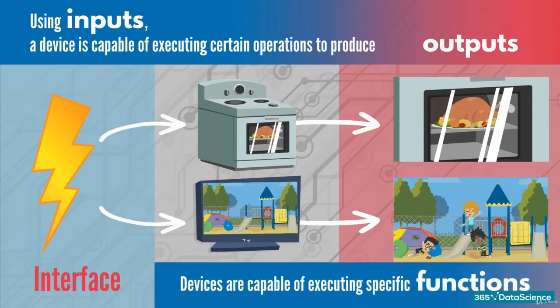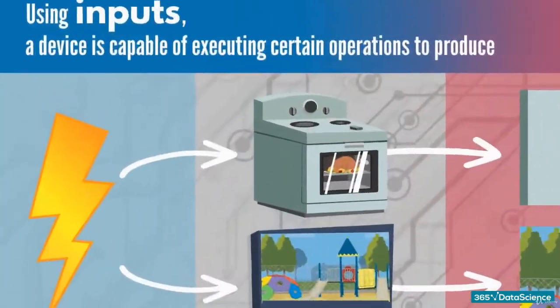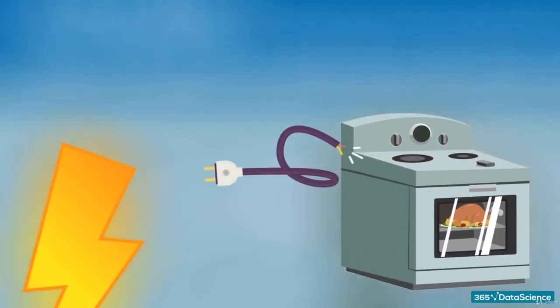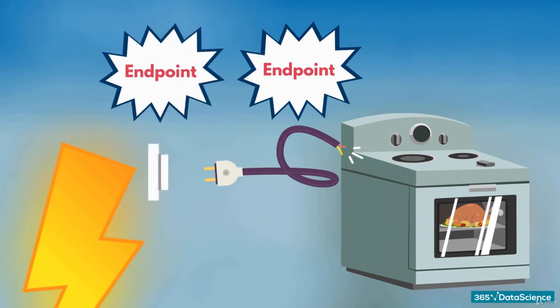This means devices are capable of executing specific functions. But how do the cooker and the TV set relate to the outer world? Through interfaces, or even more specifically, through the endpoints of their interfaces. In our kitchen example, the cooker's plug can be considered an endpoint of the cooker's interface, while the electricity socket is an endpoint of the power supply.